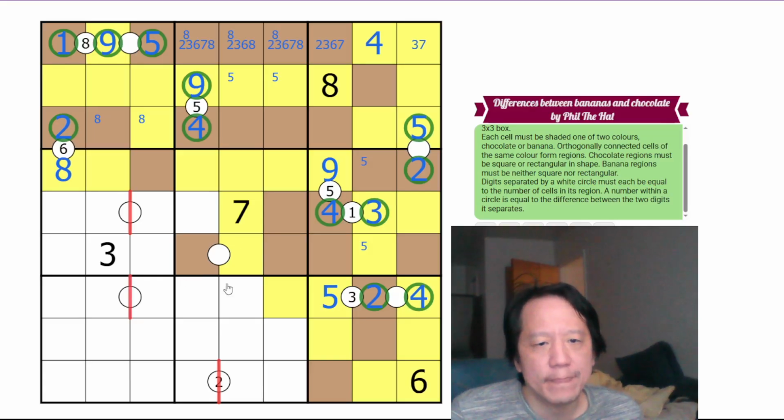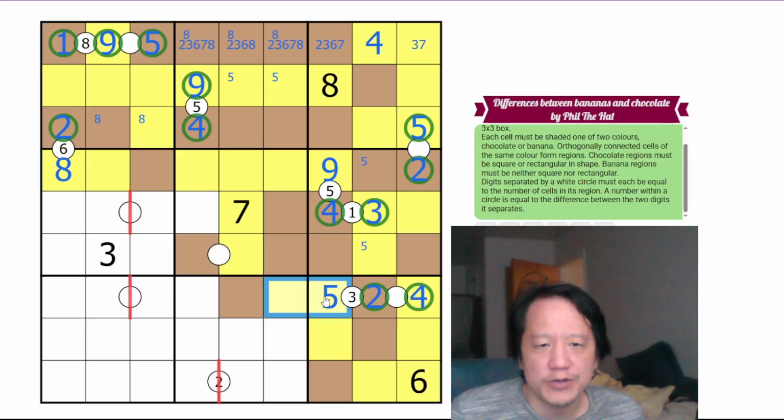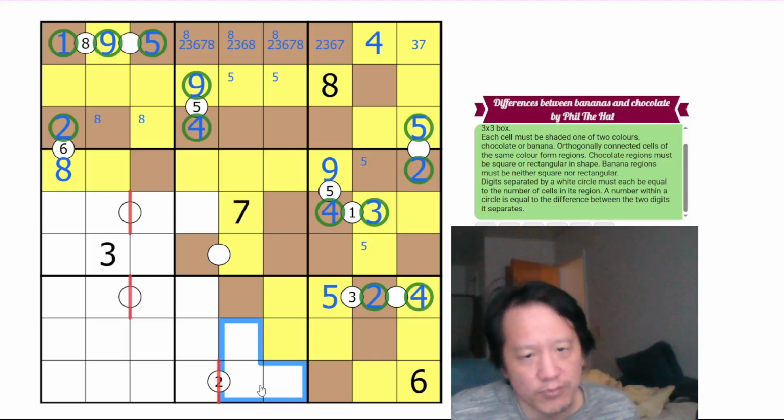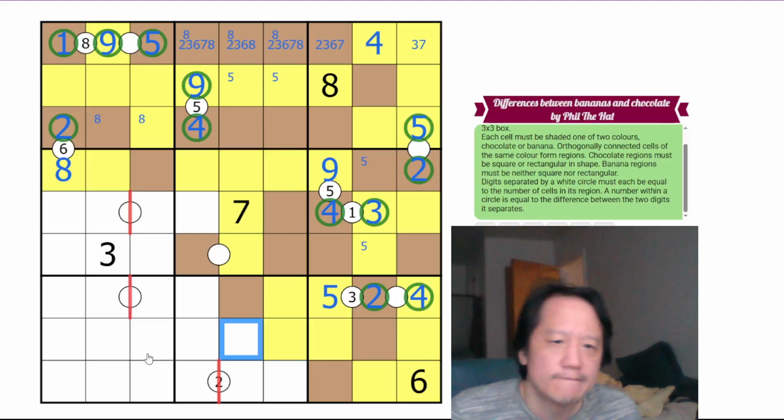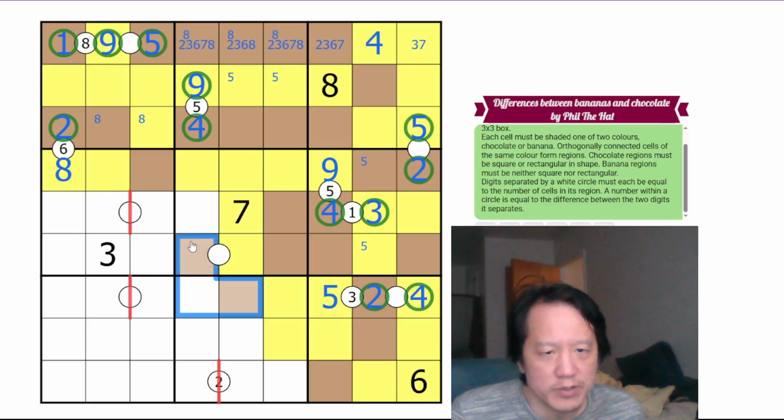This cannot be part of the same region as this because this is size 5 and this is size 9. So this has to be brown. We need 5 yellows. It has to be at least here. One of these is yellow. The other one has to be brown. Okay. This cannot be brown, brown, brown, because that's not going to form a square or rectangle.